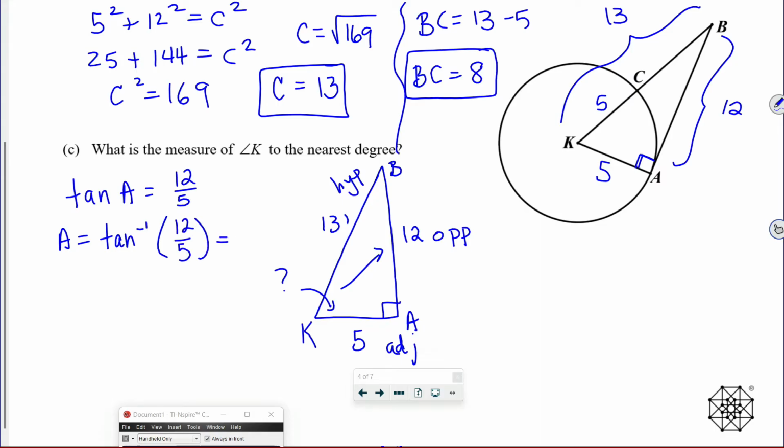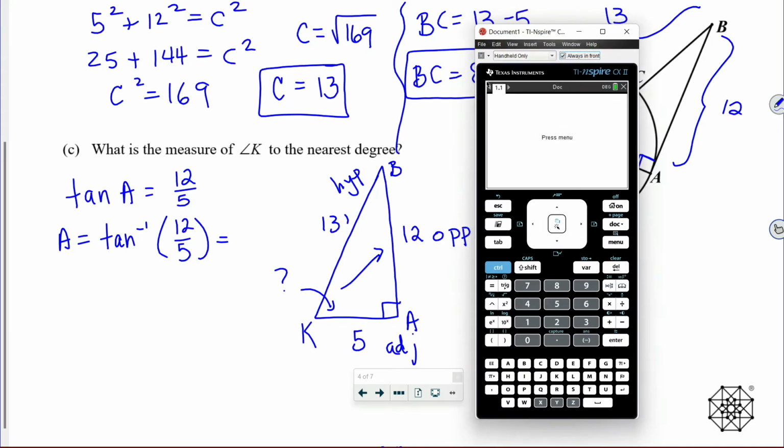And let's see what our TI Inspire gives us. We're going to go to trig, down to inverse tangent, not tangent, but inverse tangent. Let's try that again. Inverse tangent of 12/5, and enter, and we get that to the nearest degree, 67 degrees.